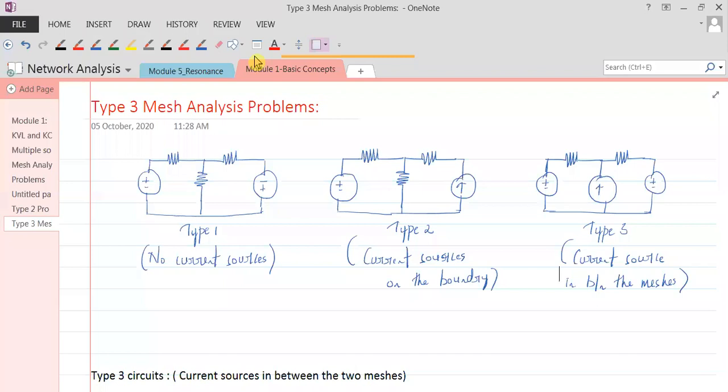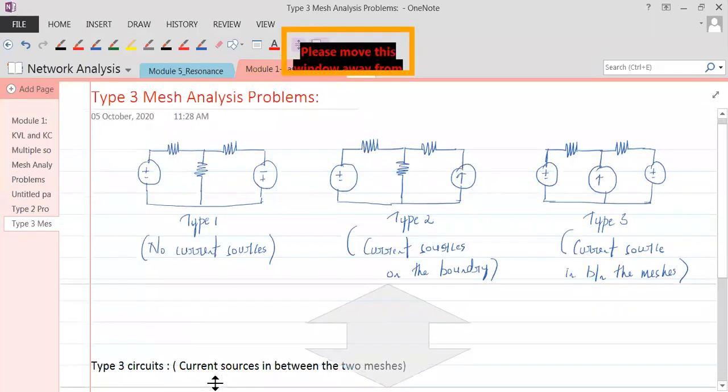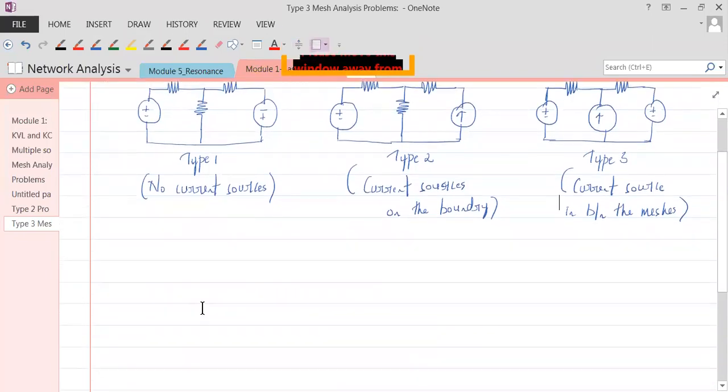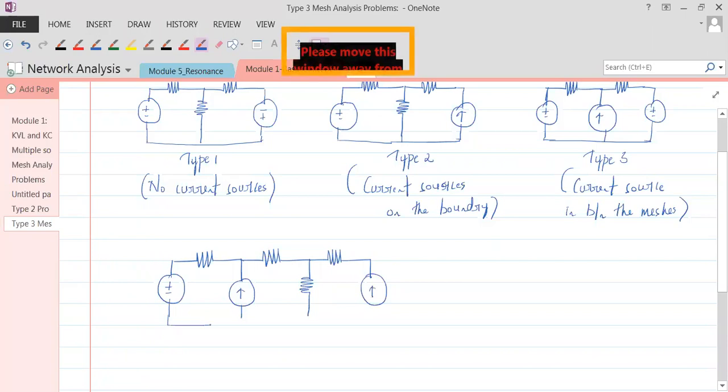So sometimes even this can happen. Just look at this. This is an interesting case. I'll just show you that. See here. You have a voltage source. Fine. Then you have a current source. Then again this. Fine. What I'll do, I'll give a current source here. So what's happening here?